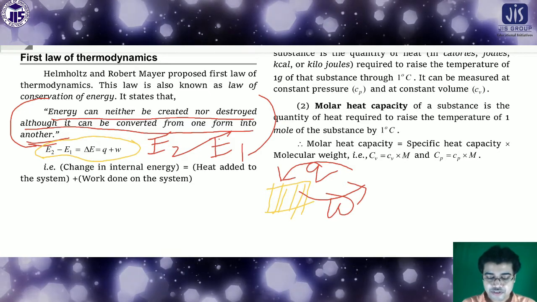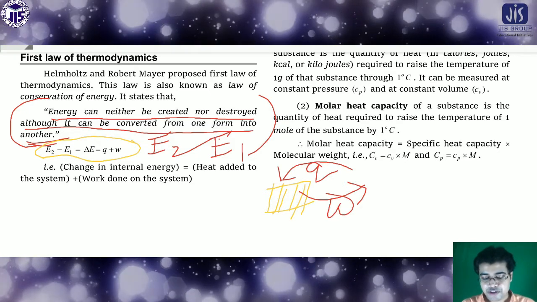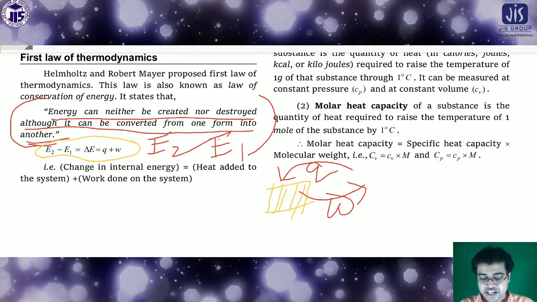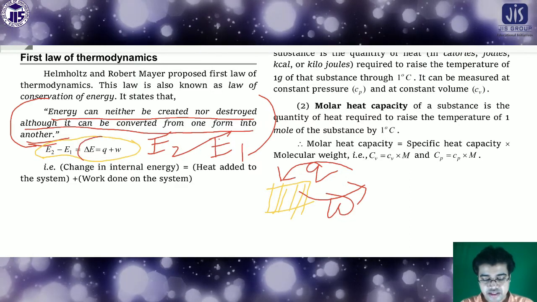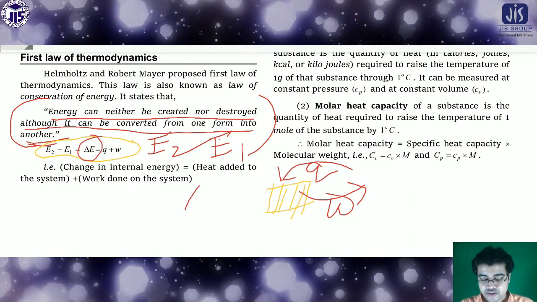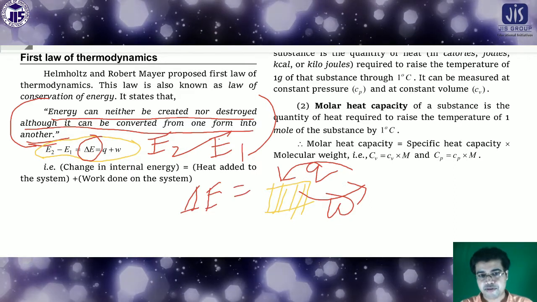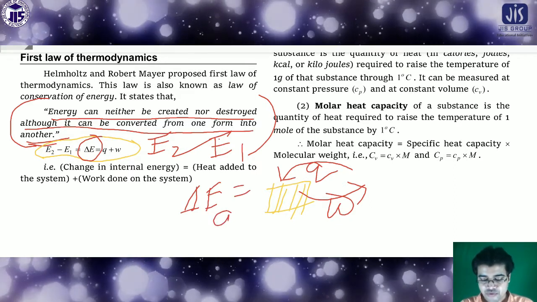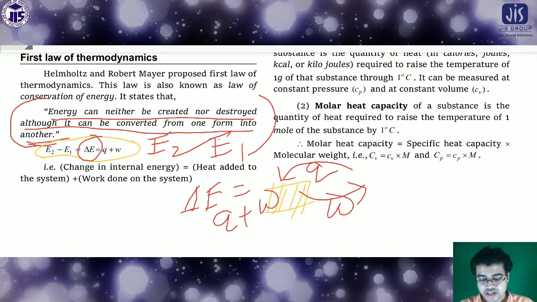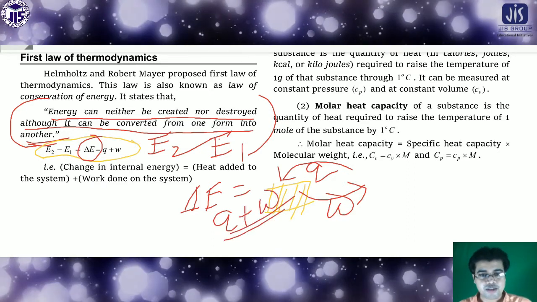So there is internal energy before the application of Q, which is E1, and finally E2. Then delta E equals the amount of heat applied, Q, plus the amount of work done, W, isn't it?